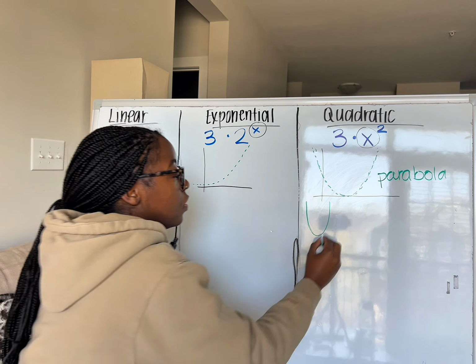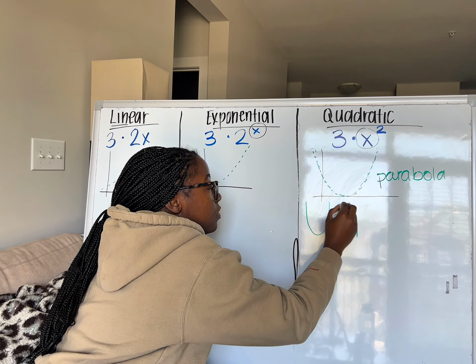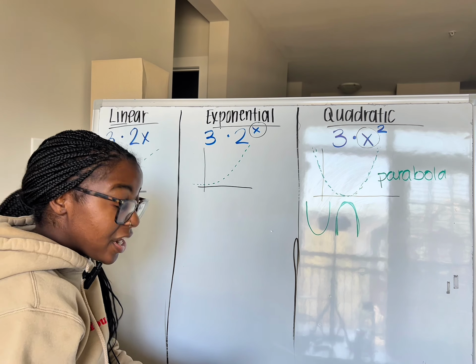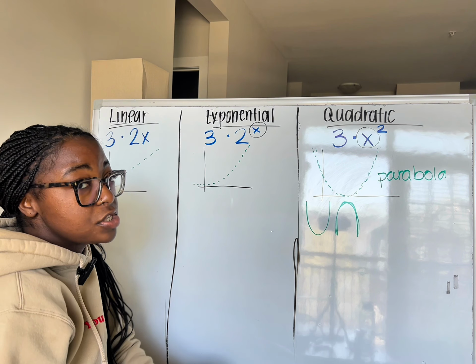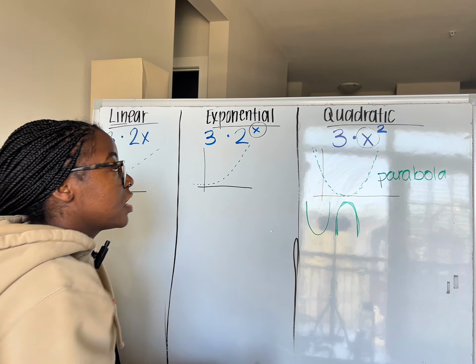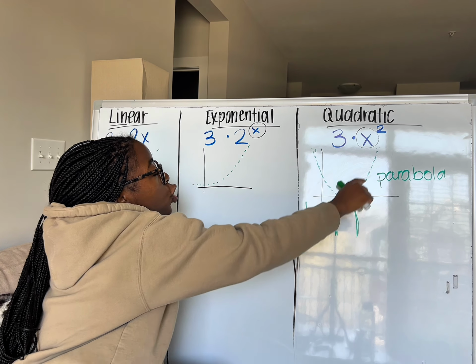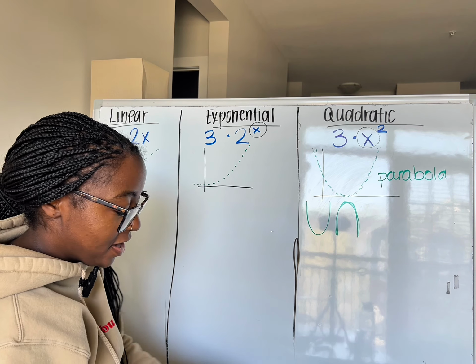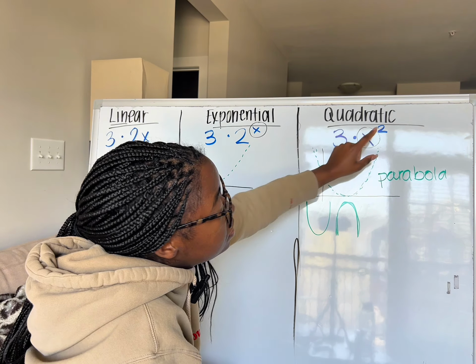That's it, a U. Or it can go like this. Either one. So quadratic, parabola. On Desmos, it should be very easy. Exponential is just a shoop. Quadratic is like a shoop. I made that up.